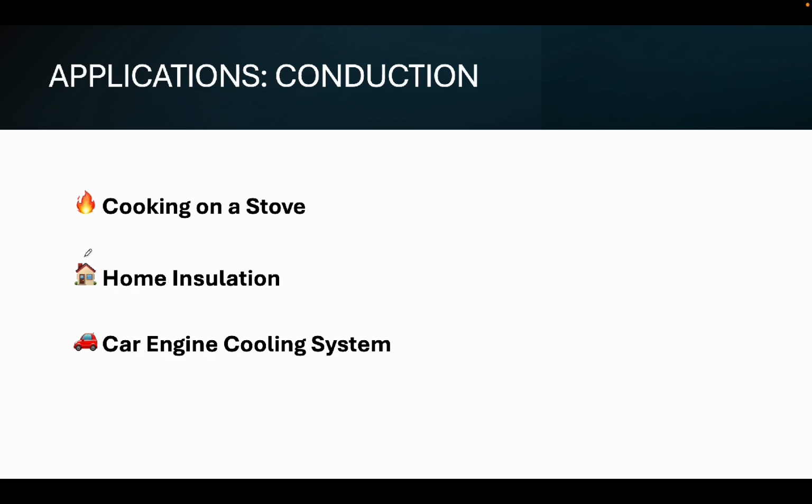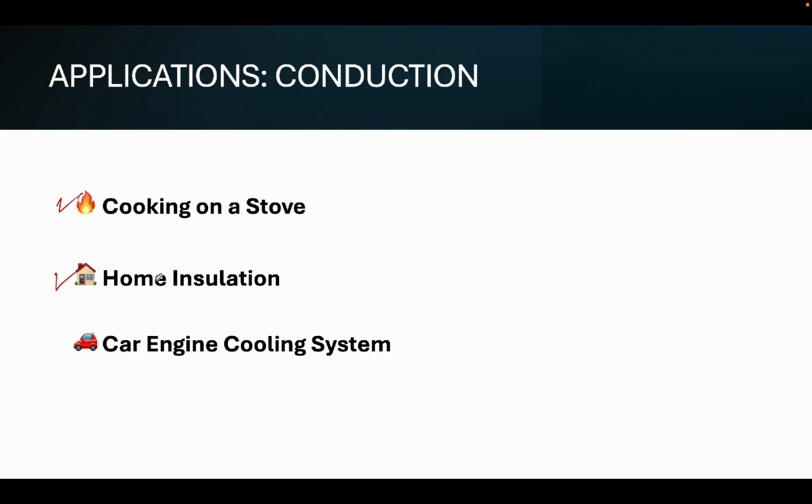Now the second one, we have home insulation. So houses use insulating materials, for example fiberglass. We also use foam for our bed, and even wood, to reduce conduction of heat in winter and keep interiors warm.